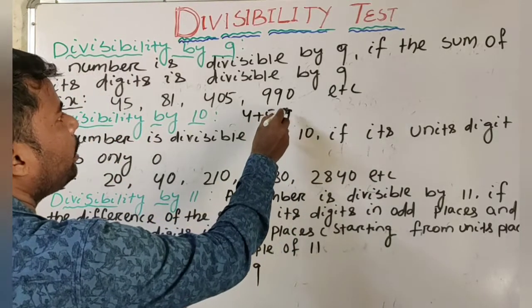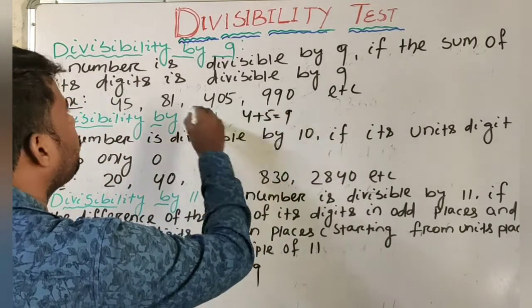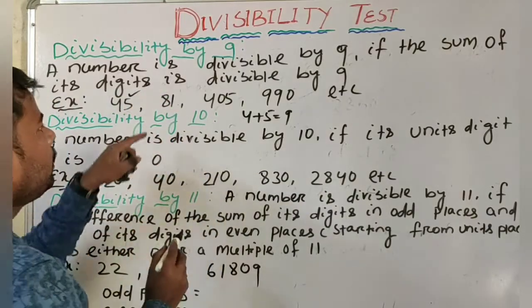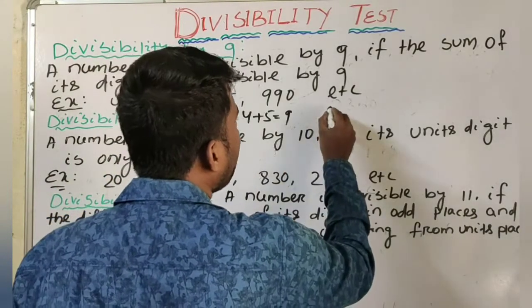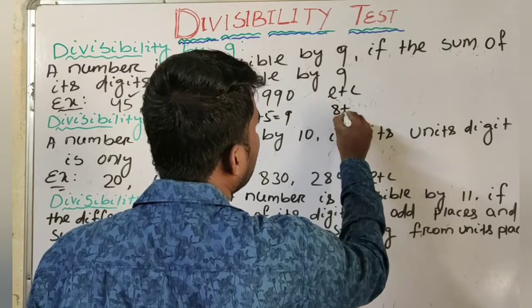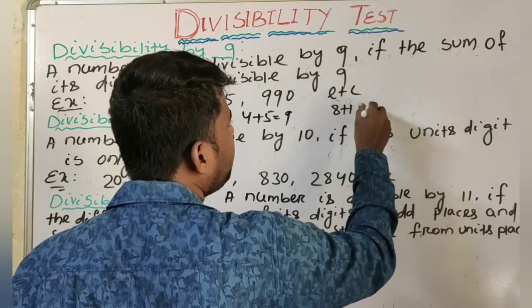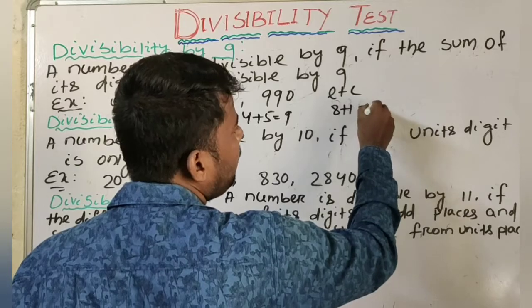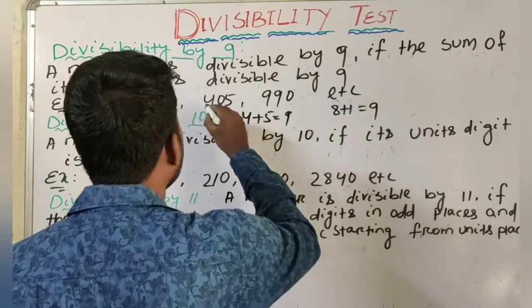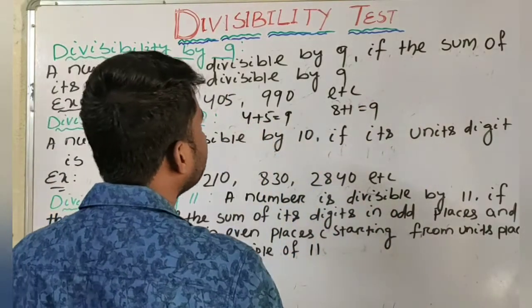And 9 is a multiple of 9, or divisible by 9. So this number is divisible by 9. Here 81. The sum of its digits is 8 plus 1 is equal to 9, and this is a multiple of 9, and multiples of 9 are divisible by 9. So this number is divisible by 9.